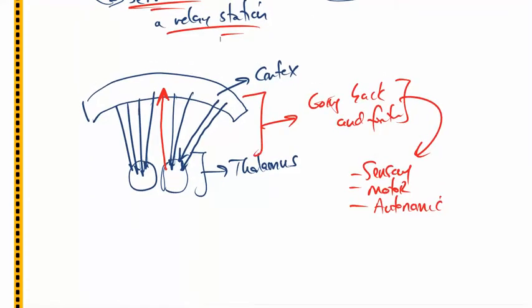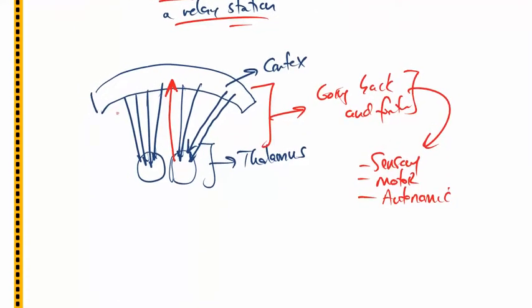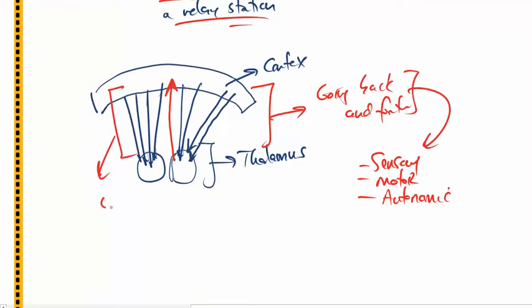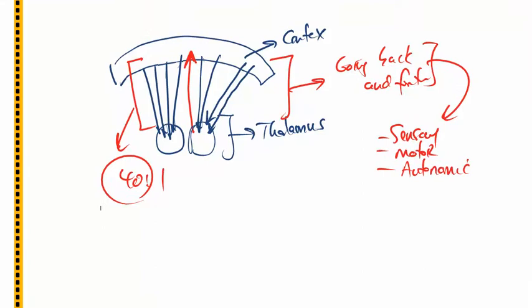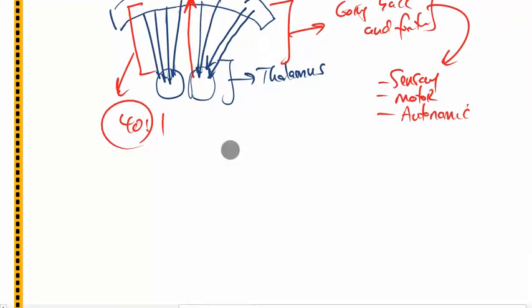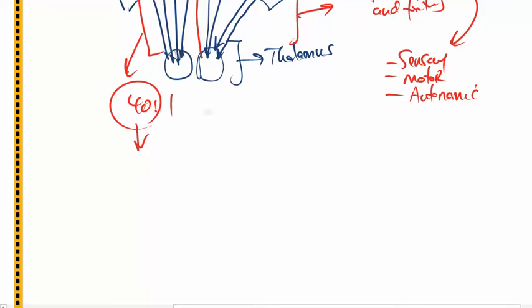What Dr. Burke talks about is how there's this 40-to-1 ratio. The 40 represents the corticothalamic projections.